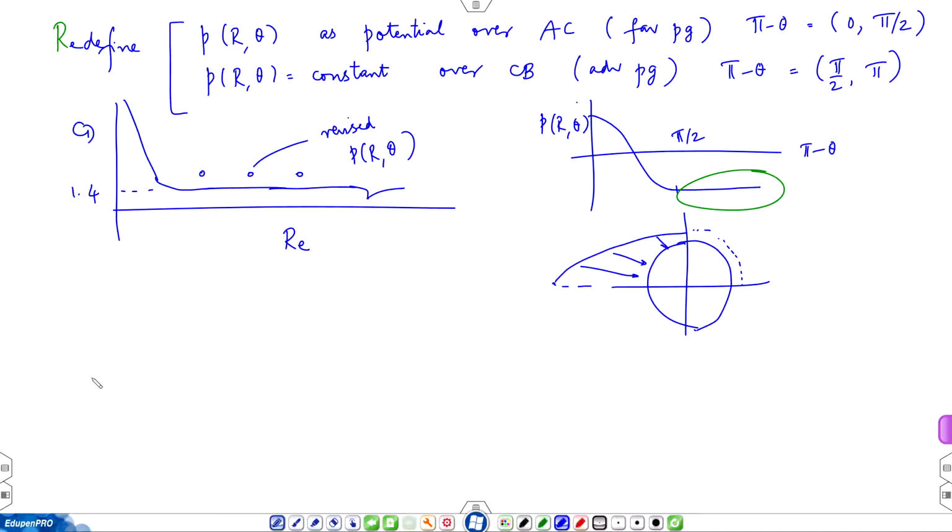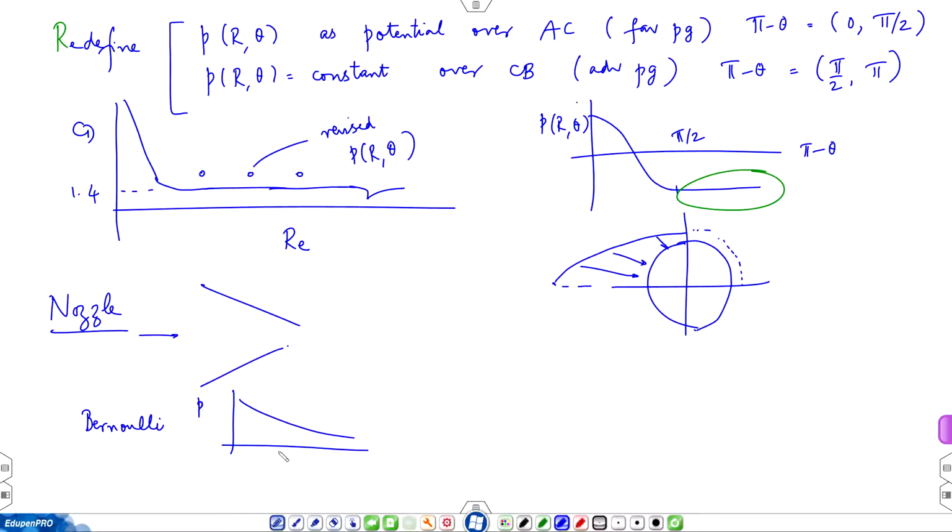You remember the nozzle geometry. So if you apply Bernoulli's equation, velocity will be increasing in the x direction. So from Bernoulli's equation, pressure will decrease in the flow direction.